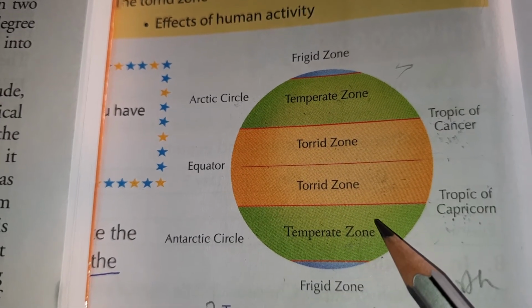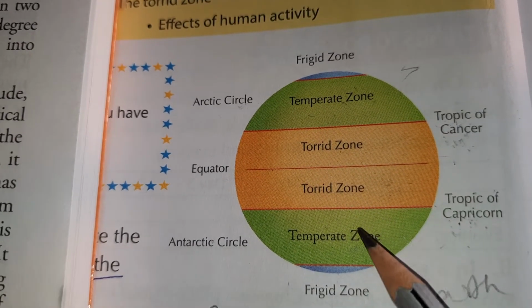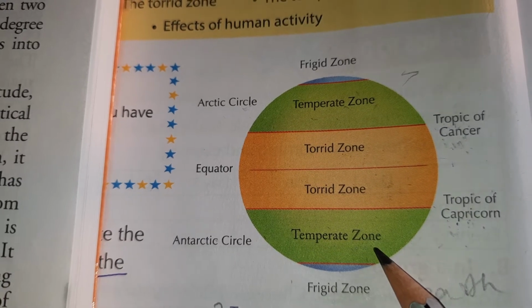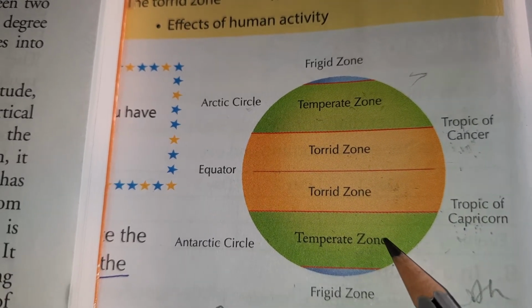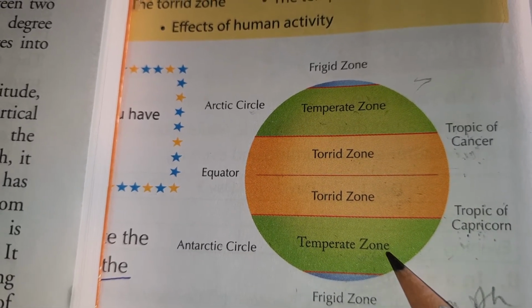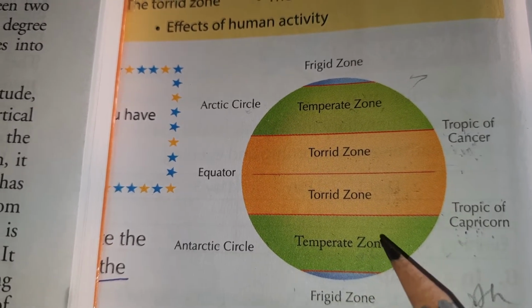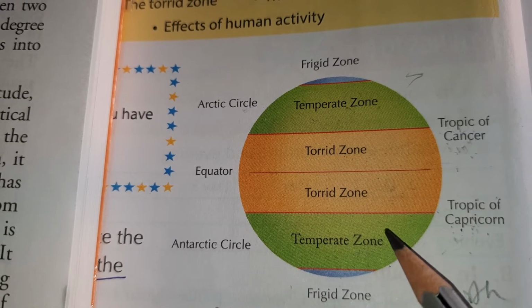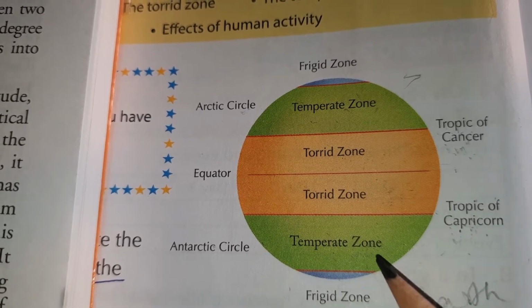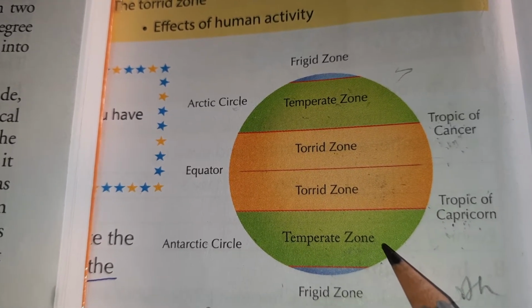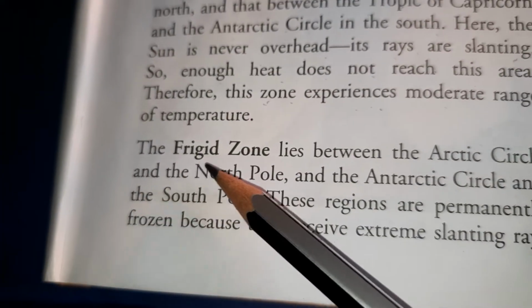The sun is never overhead in this zone. It is neither very hot in summer nor very cold in winter. Therefore, this temperate zone experiences moderate range of temperature. Is it clear, students? Let us go to the next zone, the frigid zone.